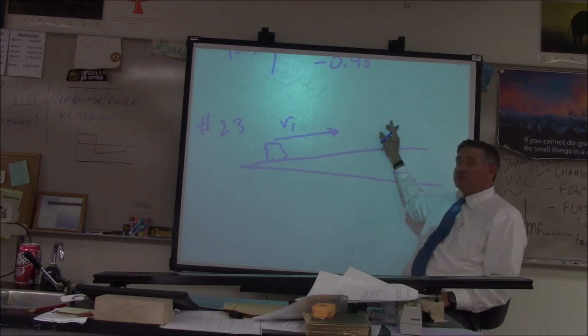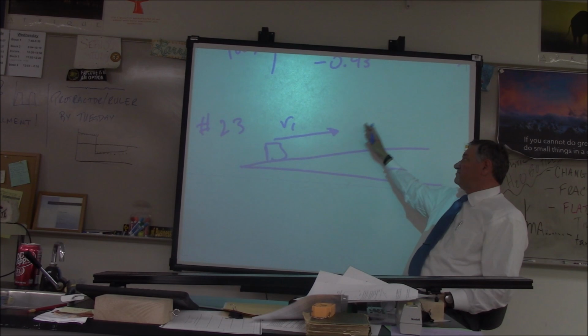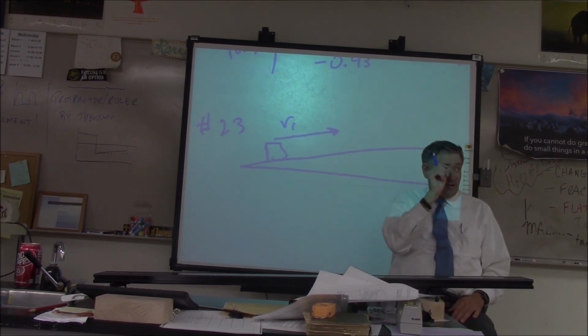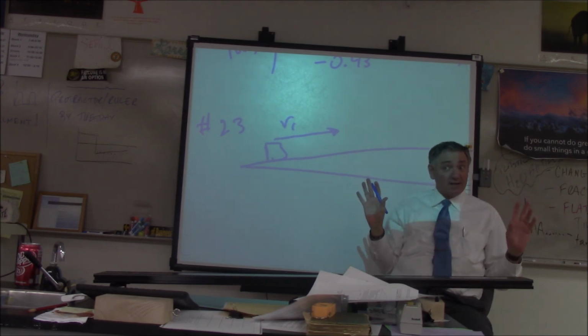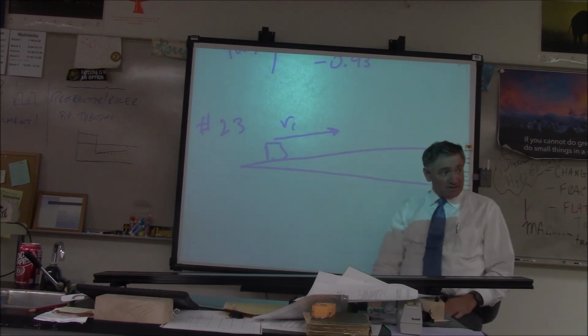So if you think V2 is smaller, draw V2 smaller. If you think V2 is bigger, draw V2 bigger. But I want to clearly see which direction they're changing. If you think they're getting bigger, you draw them where I can clearly see them getting bigger. Then you're going to draw 3 acceleration vectors.